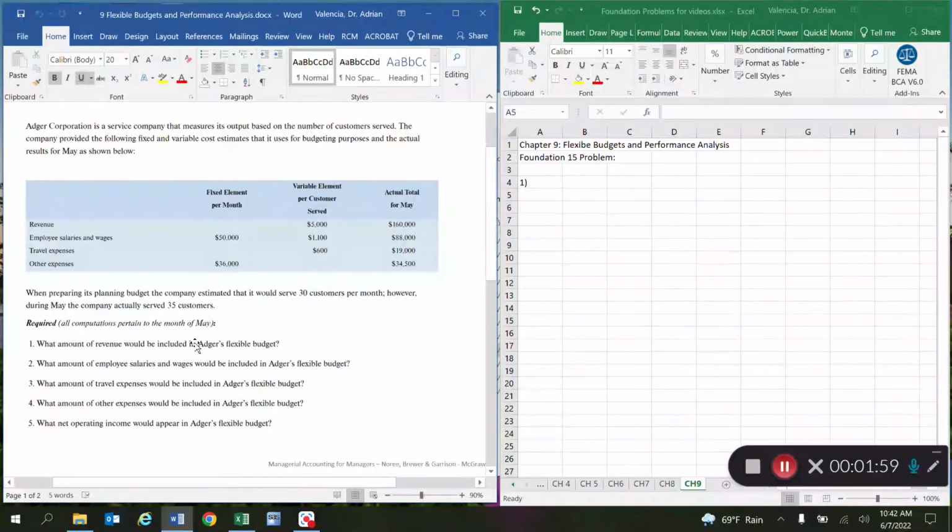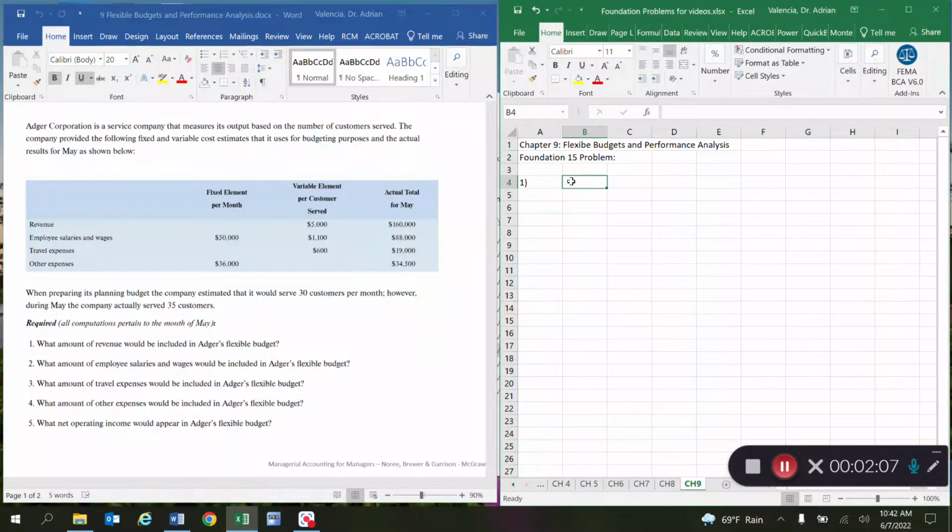All right, so number one says, what amount of revenue would be included in the flexible budget? Okay, so I'm going to put in here flexible budget for revenue for the month of May.